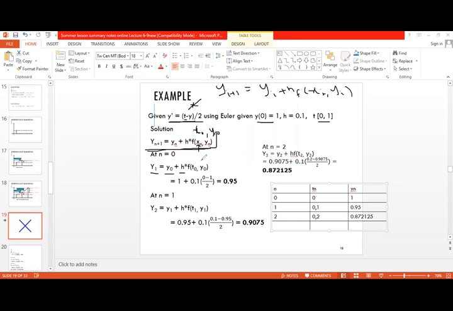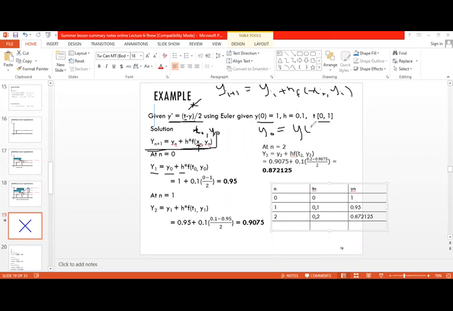That is why we have in the formula t naught, y naught. Very good. And then we've been told that y naught is the initial value condition.